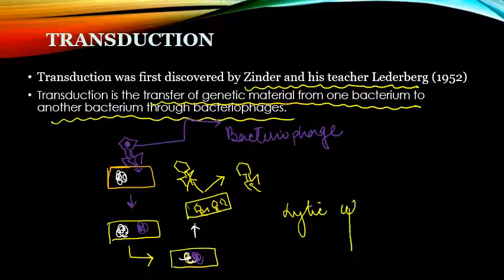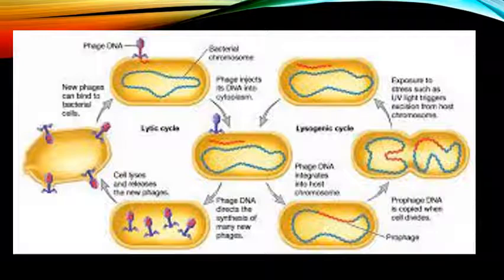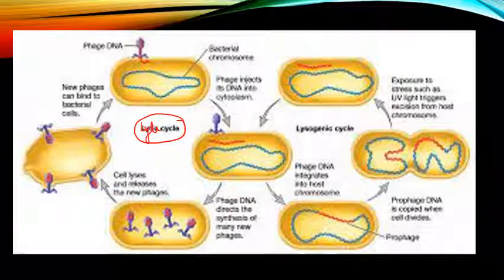It will be clearer in the next diagram. See here, this is basically a lytic cycle. This is a bacteriophage and this is the bacterial DNA. The red one is the bacteriophage DNA.